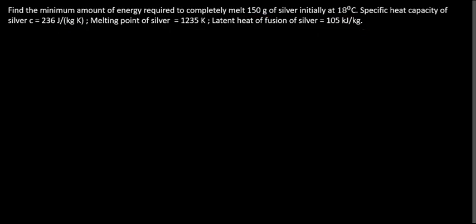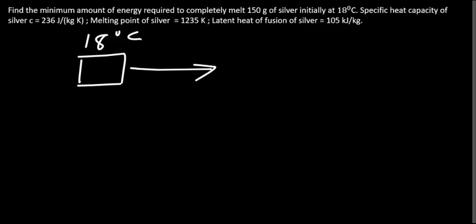So what you have is silver at 18 degrees Celsius, and you want to turn it into liquid silver at a temperature of 1235 Kelvin.